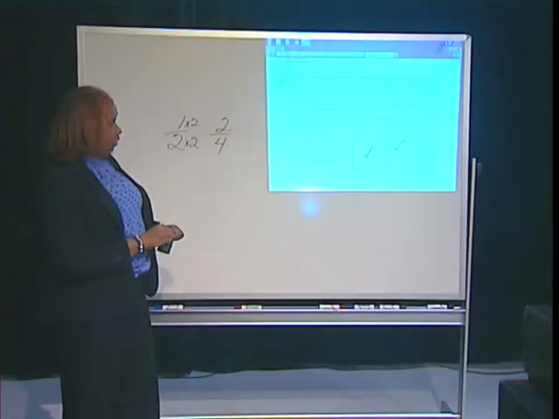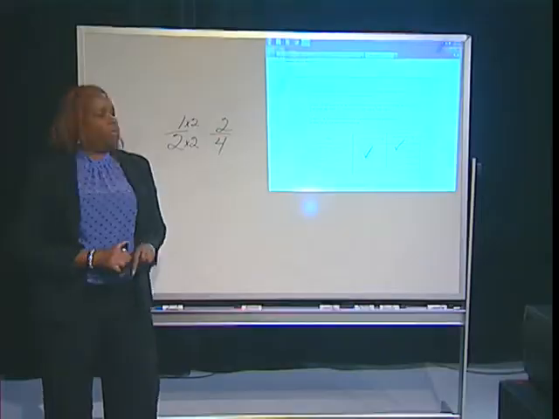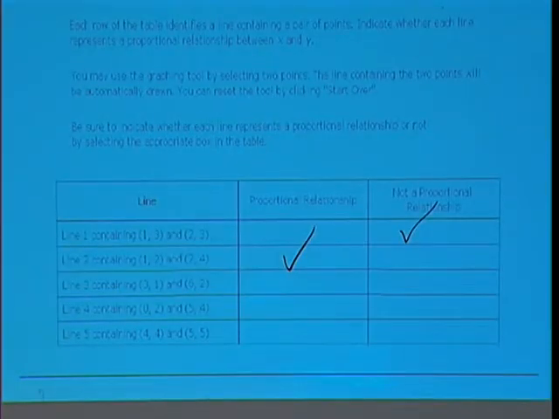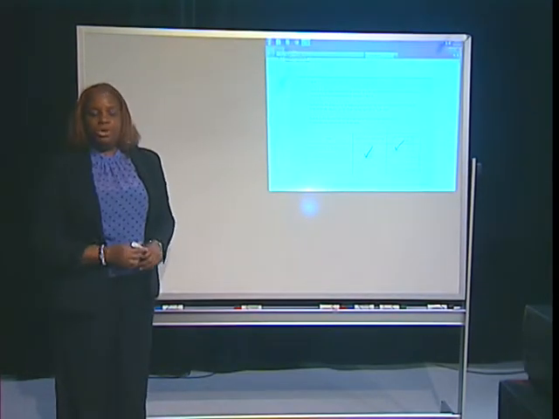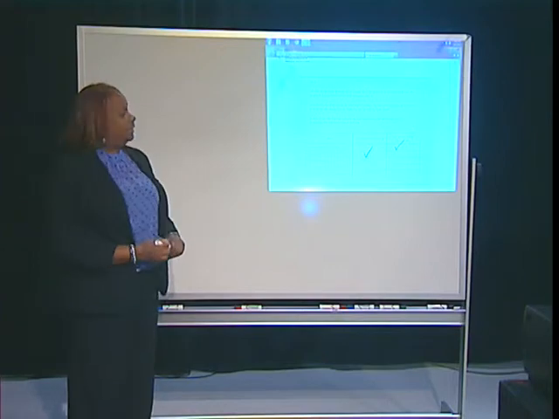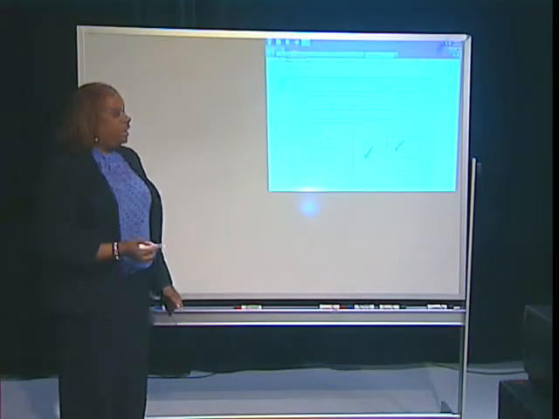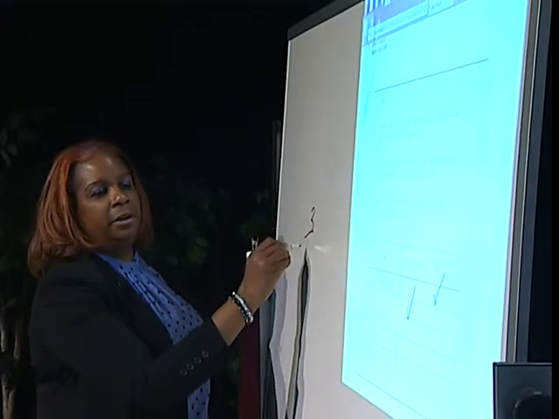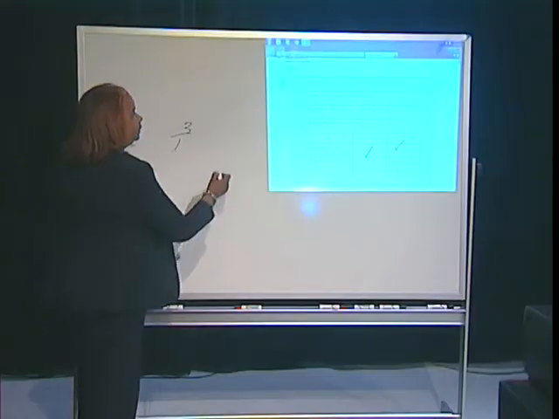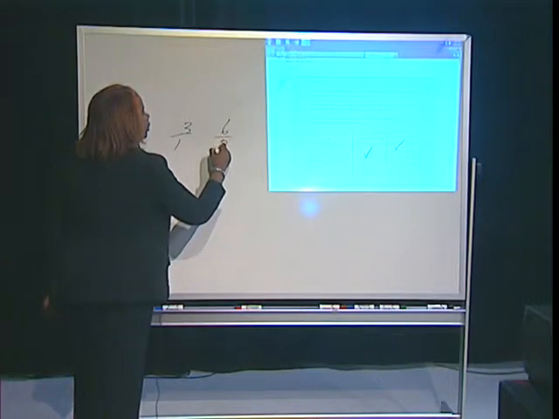Line 3, take a look at that. We had 3, 1 and 6, 2. You're asking yourself, are those 2 points equivalent? If I did the same as I did before, change the points into a value, 3 over 1, 6 over 2.